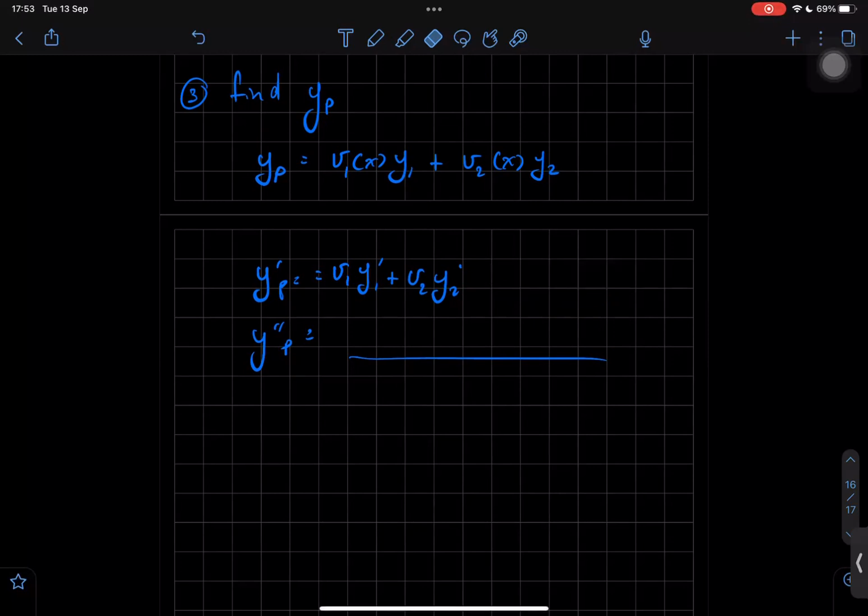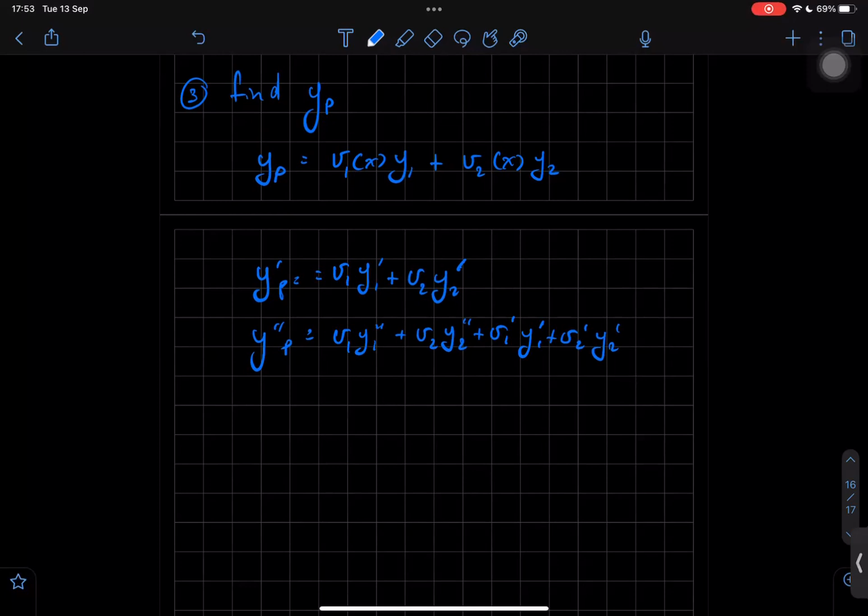And for yp prime here you just use v1 y1 prime plus v2 y2 prime, like this.